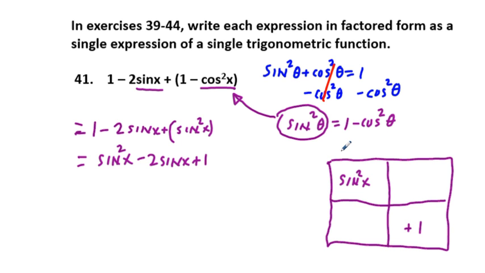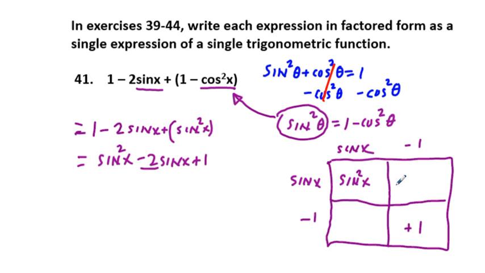The factors of sine squared x are sine x and sine x. The factors of 1 are negative 1 times negative 1, or positive 1 times positive 1. But here we have minus 2 sine x, so negative 1 probably is going to work.